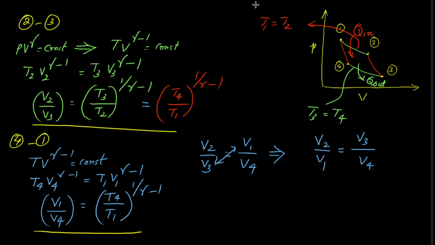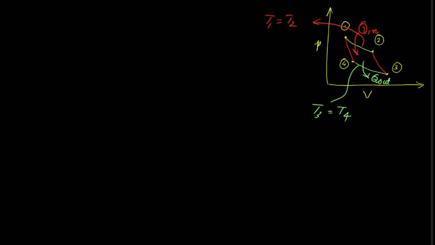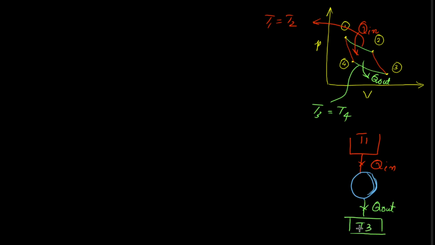So now we are going to calculate the efficiency of the Carnot engine. So this Carnot engine has a high temperature heat reservoir which is at T1, and it receives heat Q in, then it rejects heat Q out to a low temperature reservoir which is at T3, and the difference between the two will be the work done by the process, say W net.